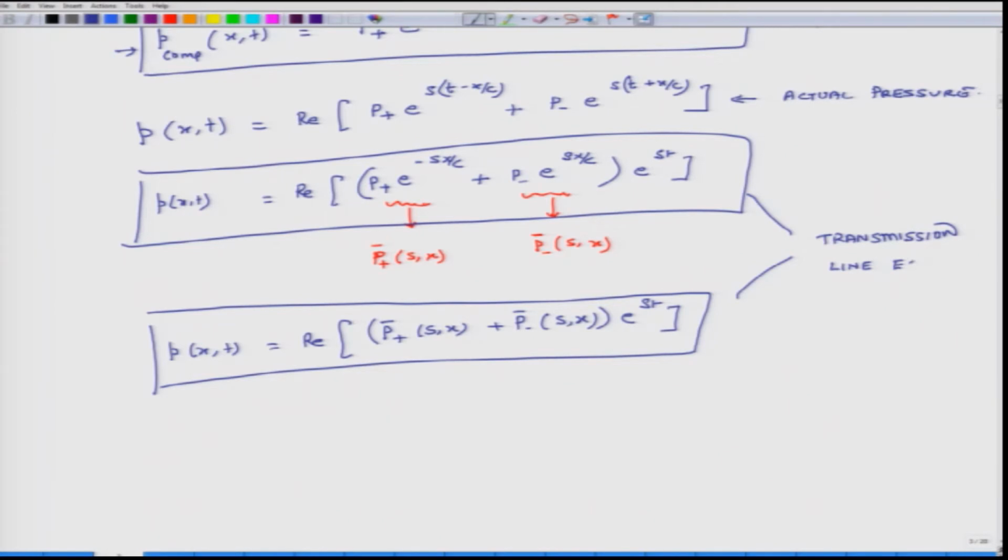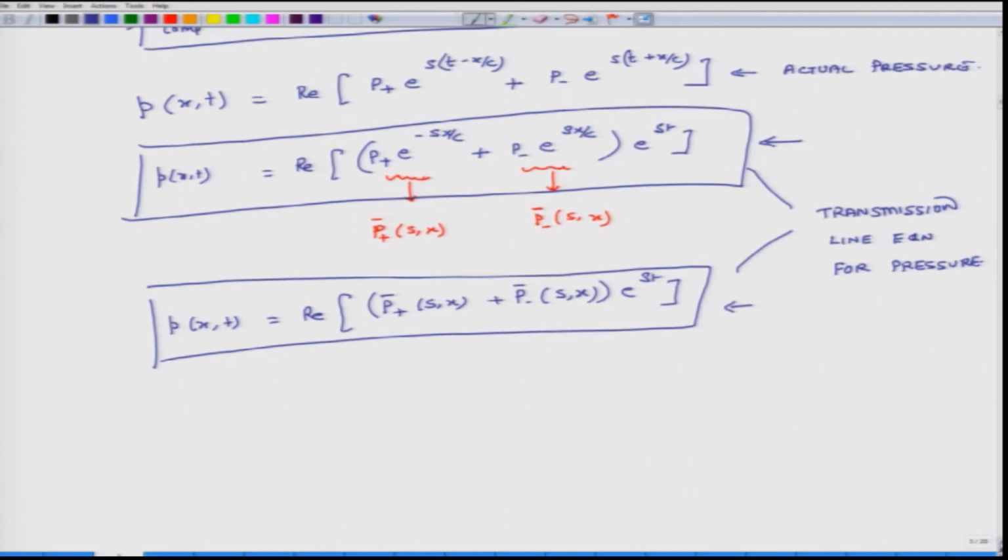This is the transmission line equation for pressure. Essentially what this equation says is that if the complex frequency of the wave is s, then the pressure wave in the tube changes according to this equation, or alternatively it changes according to this equation.